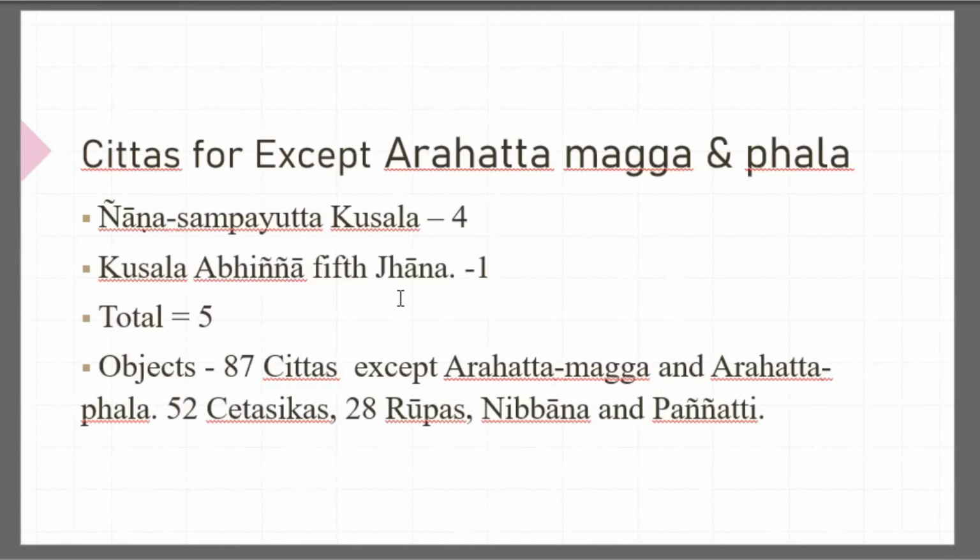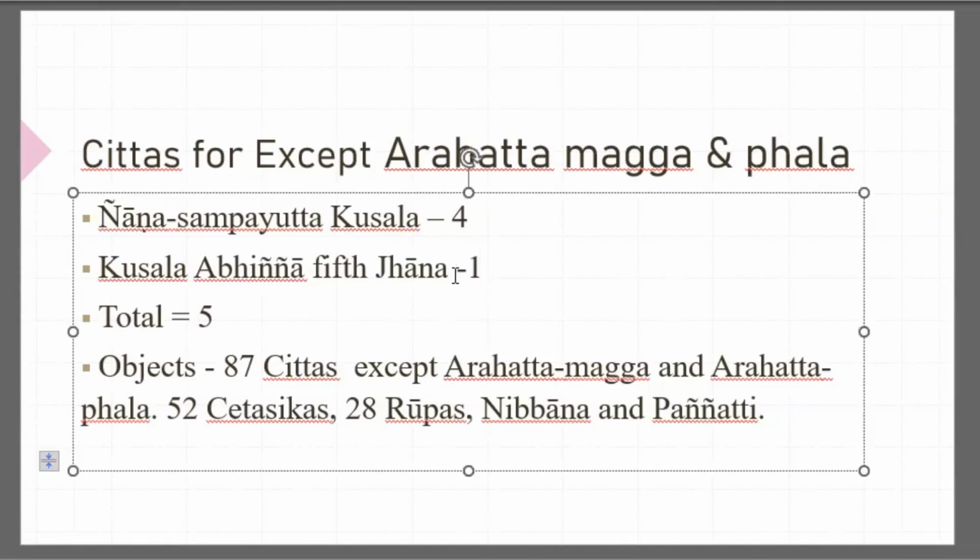What are they? Jnana Sampayutta Kusala. How many? 4. Then Kusala Abhiññā. Abhiññā means the 5th Jhana Abhiññā Citta. But not everyone can take all the remaining objects. Let's explain in detail.